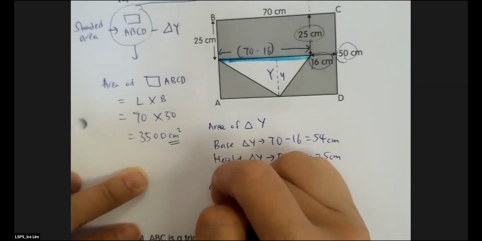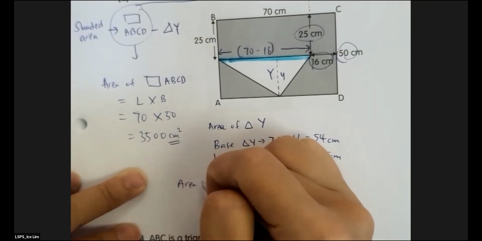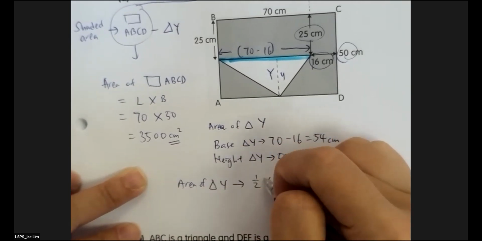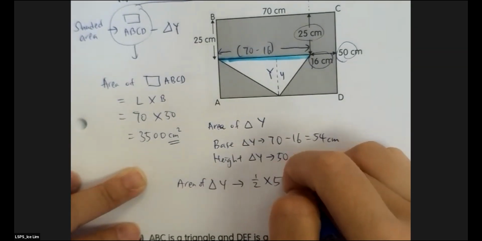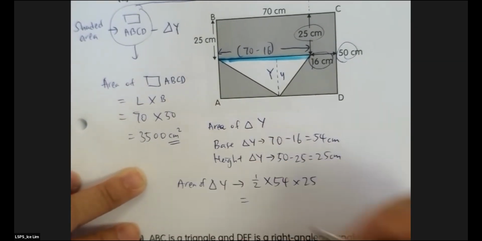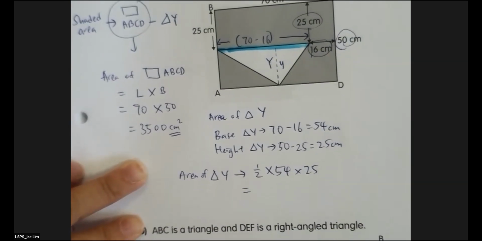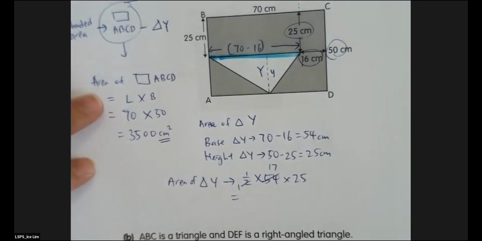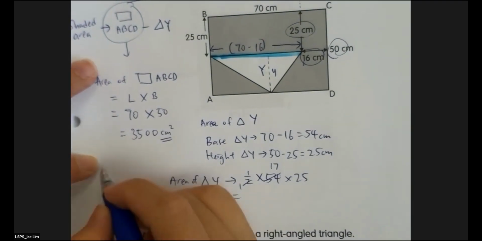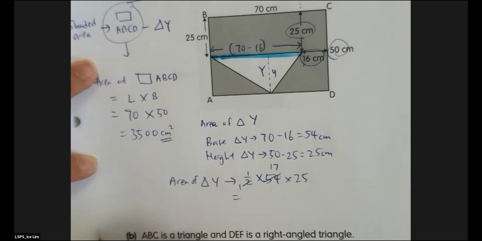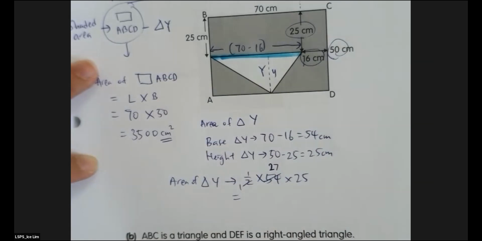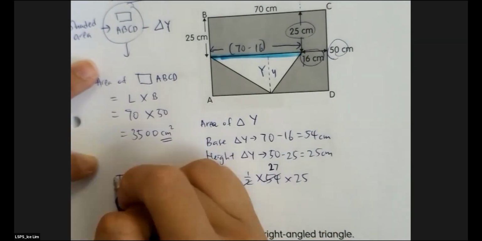So the area of triangle Y will be half times the base times the height. Seventeen times 25. Sorry, 27 times 25. 24 divided by 2, better check.